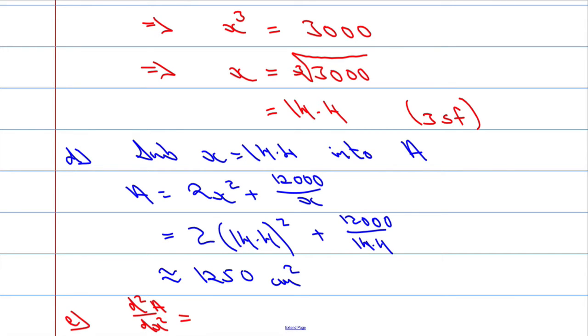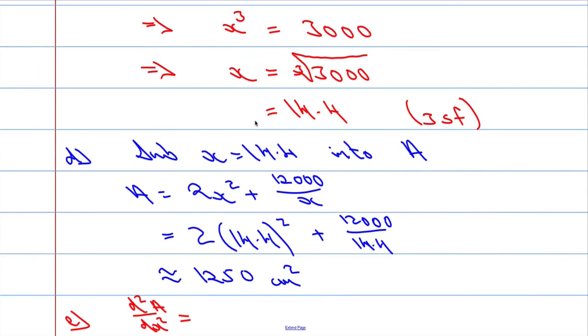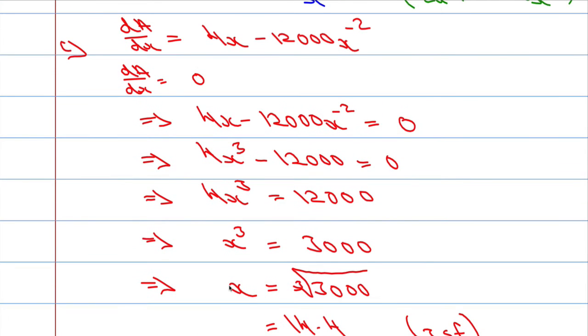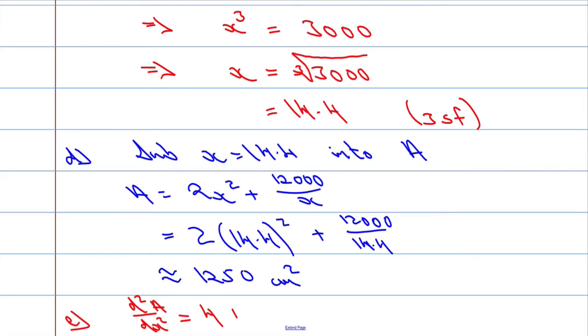So the second derivative is going to equal 4 plus 24,000 x to the negative 3.